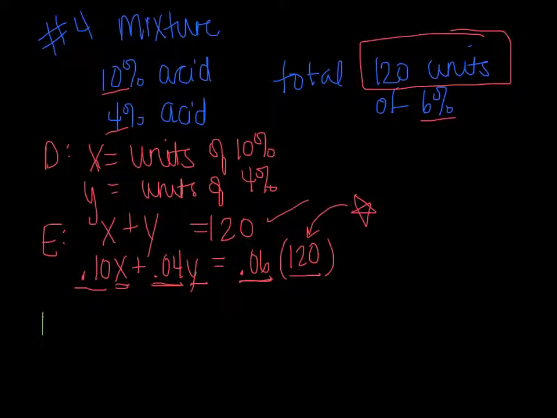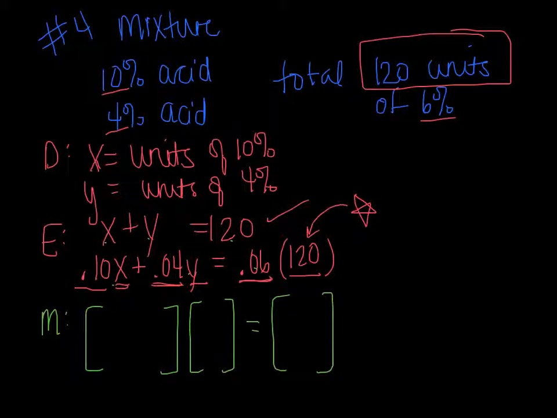I'm going to put these in matrix form. Before I put them in matrix, I need to make sure they're all in the same order: X, Y, constant, X, Y, constant. I'm building the coefficient matrix, the variable matrix, equal sign, the constant matrix. Coefficient matrix holds the coefficients.